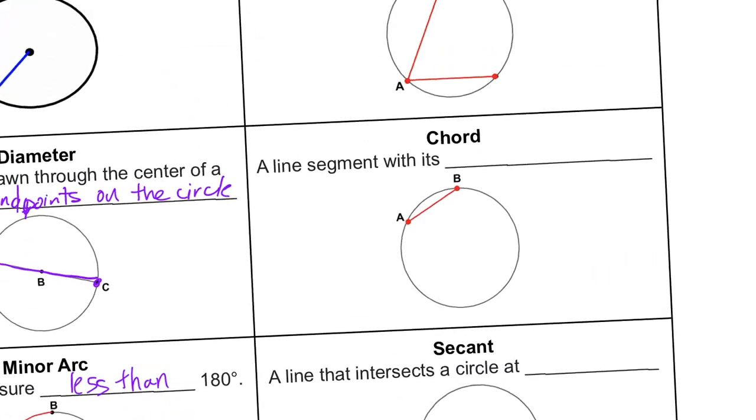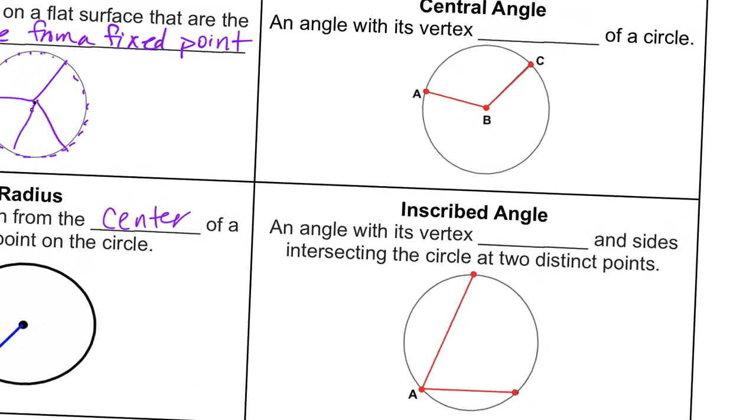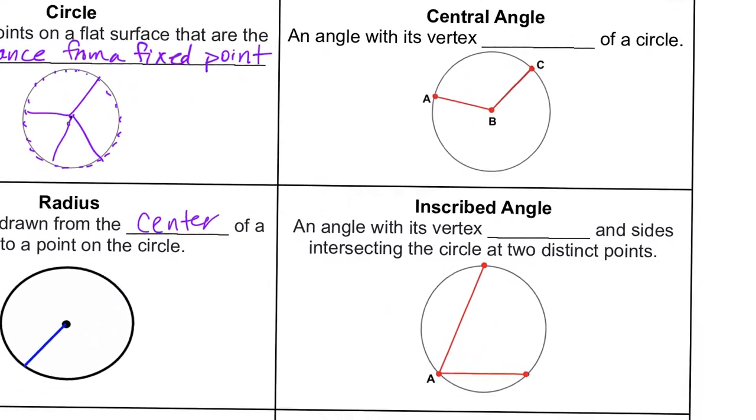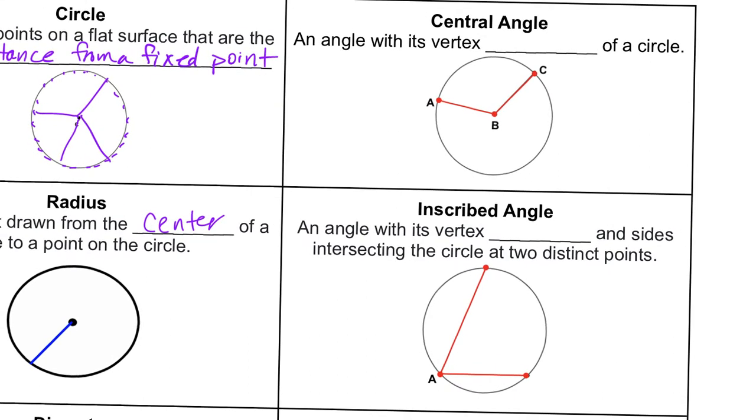Okay, next we're going to be talking about central and inscribed angles. Central angles are angles with a vertex at the center of a circle. So in this example, this central angle, we could name ABC, where B is at the center of the circle.